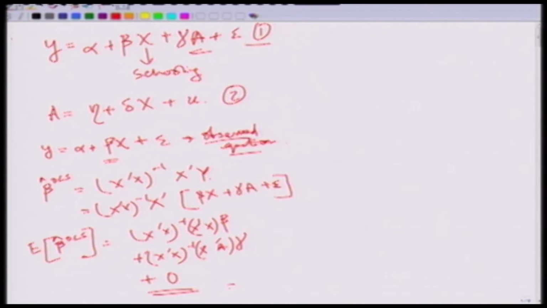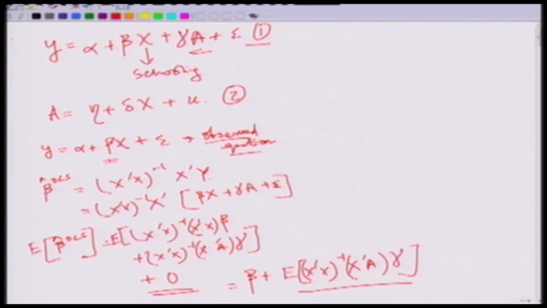So what we are left with is β plus this term, sorry, this would have an expectation in the beginning. So what we have is the expectation of (X'X)^{-1}X'aγ. Now let us see what this term means.